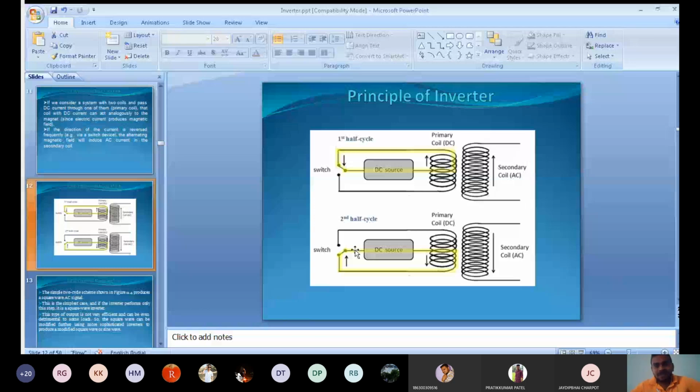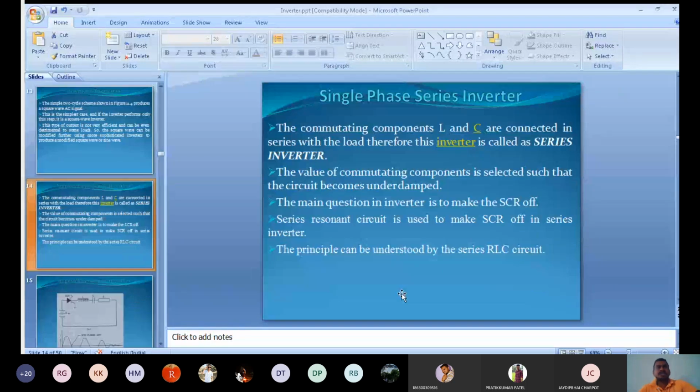Now next we discuss the single phase series inverter. How can we define the single phase series inverter? The commutating components L and C are connected in series with the load, therefore this inverter is called a series inverter.